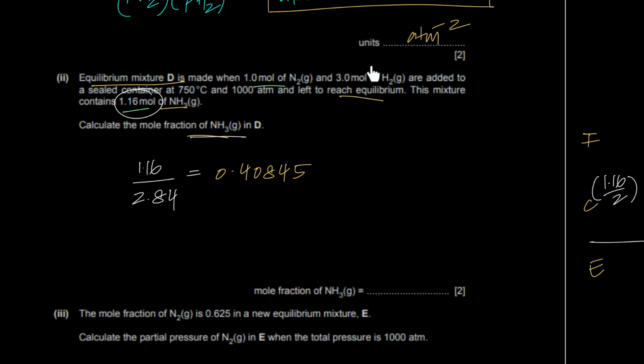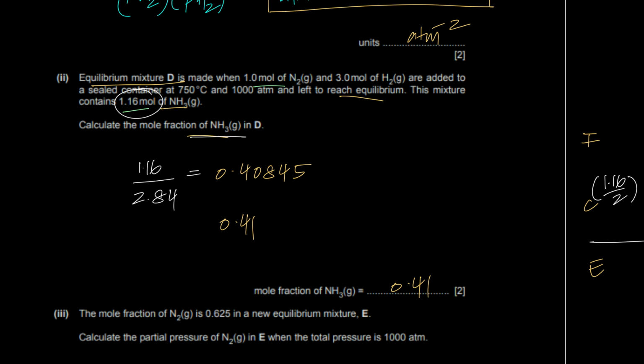I've given the entire explanation as to why we use the lower number of significant figures, because how can your value be accurate to 3 significant figures if your initial measurement is less accurate? It's only till 2 significant figures, right? So the final value that I'm going to get is not going to be till 3 significant figures. I'll write it till 2 significant figures. So it's going to be 0.41.